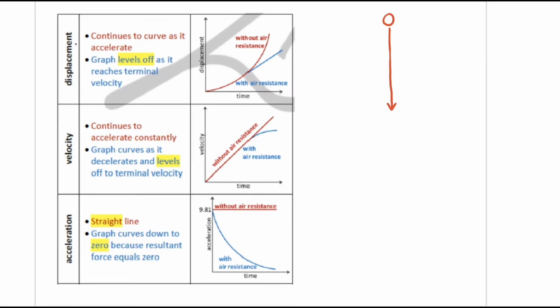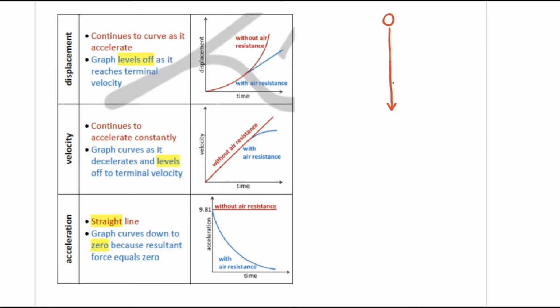We want to see it in terms of displacement, velocity, and acceleration in two situations: the first without air resistance, and the second with air resistance.